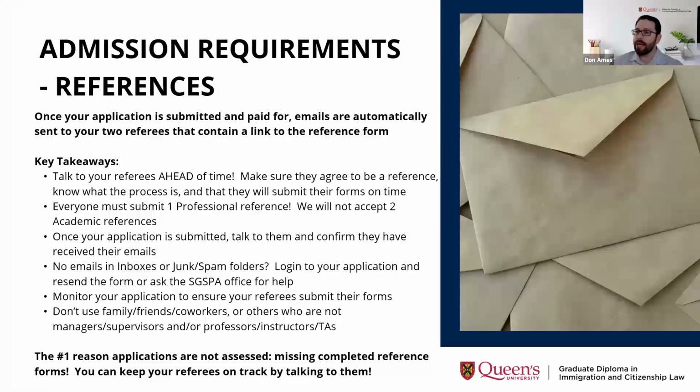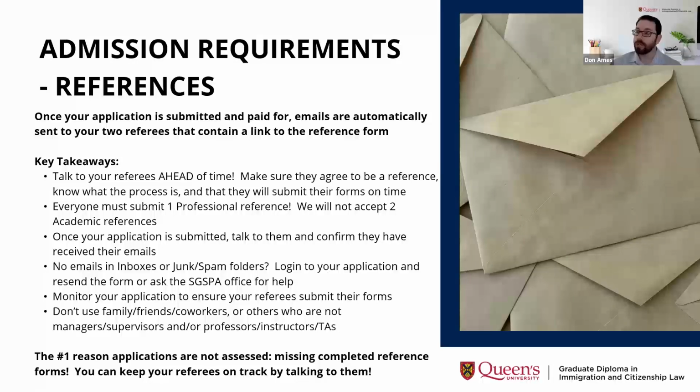So key takeaways here. Again, once your application is submitted, that's the last that you're really involved in the referee submission process. You can contact your references and tell them that you've submitted your application, and they should have received emails from the School of Graduate Studies and Postdoctoral Affairs office, and that they should complete the forms as quickly as possible. You should not have any interaction with your referee beyond that.